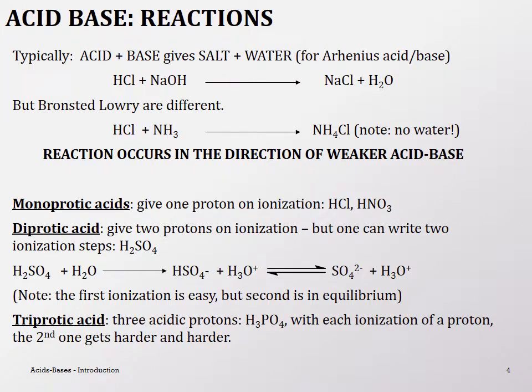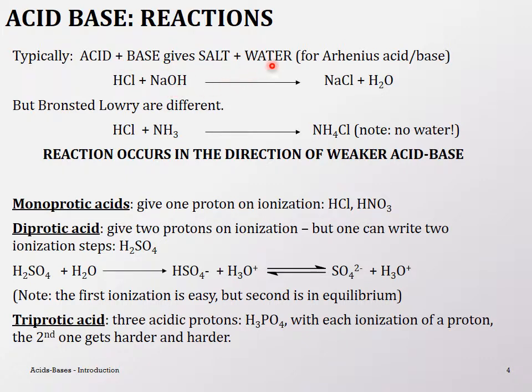Acid-base reactions are very typical, and I know you've written some of these before. Most of the reactions that you might have written would be for the Arrhenius acid and base, which means the acids are the proton donors, whereas the bases have hydroxides in them. So typically what you would see is that acid plus base gives you salt and water.